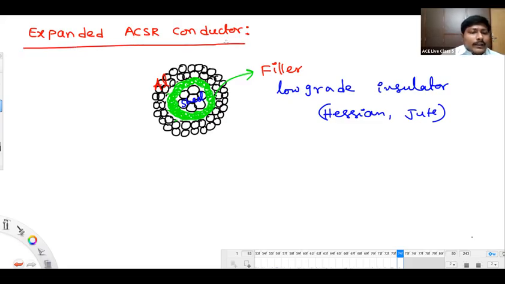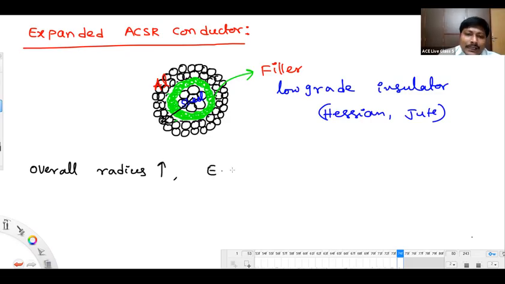The main advantage of this expanded ACSR conductor is that the overall size of the conductor was increased. Overall radius of the conductor was increased. What's the advantage of this?